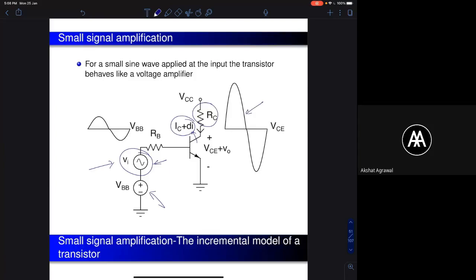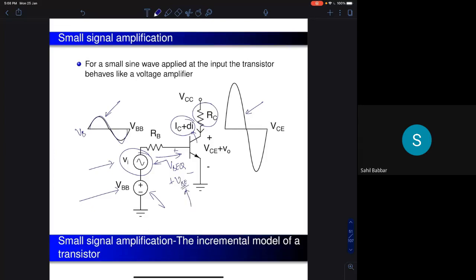See what you are doing. There is a DC voltage VBB, and on top of it you are applying a small sine wave. This is the small signal you wish to amplify. When you feed it to a BJT, there is a DC VBE quiescent, plus there will also be a small vbe, which is the small signal voltage.